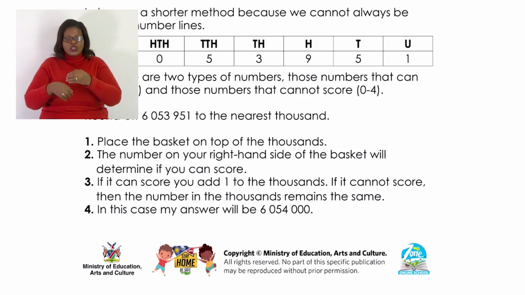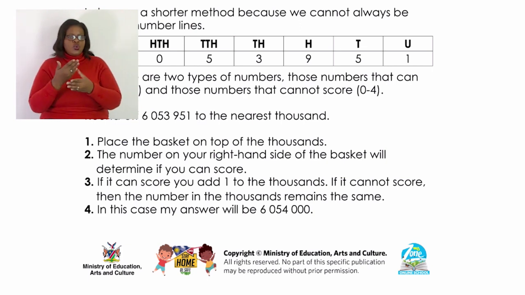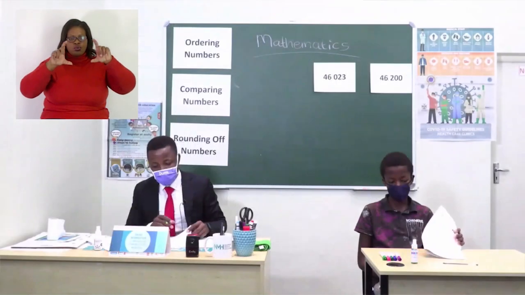If it cannot score, then the number in the 1,000 remains the same. In this case, my answer will be 6,054,000. To make this much easier, let us go to the chalkboard so that I can explain these notes much better.